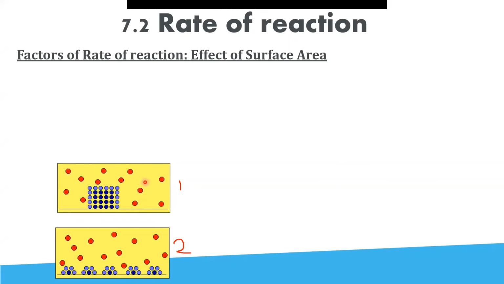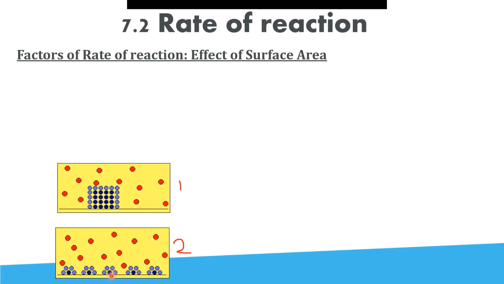But if you check the second diagram, the blue particles will be the ones which are exposed first, so that surface area is included. If you take 1 and 2, the same number of atoms are there in terms of the black and blue ones.